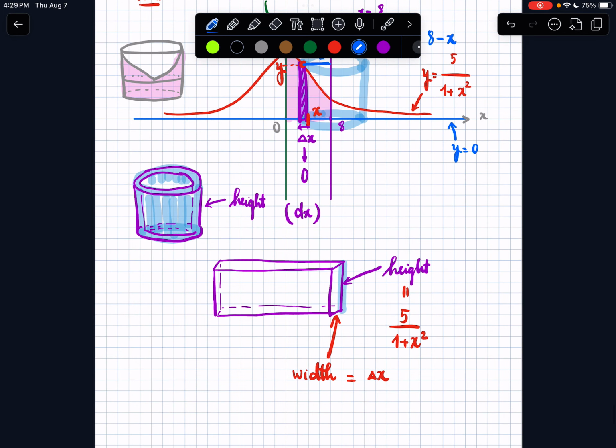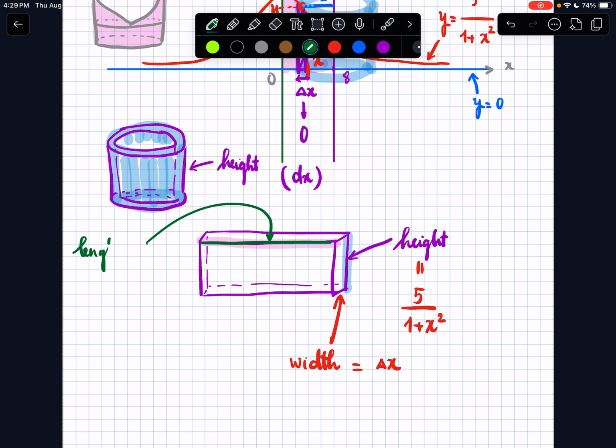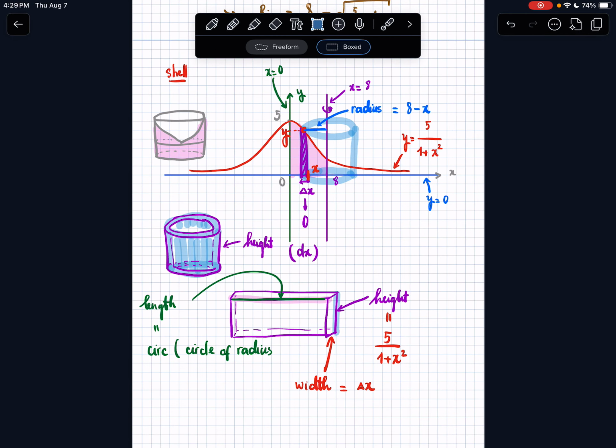The length is the circumference of the circle of radius 8 minus x.